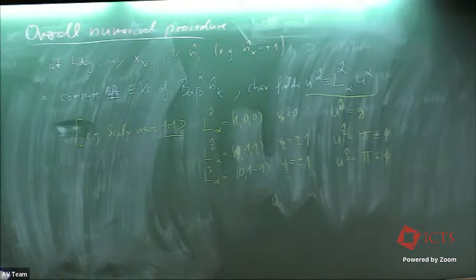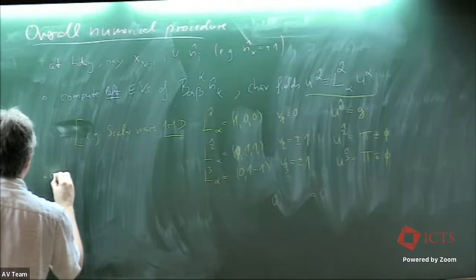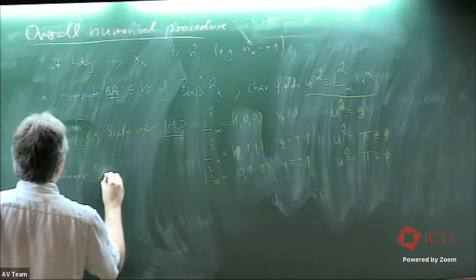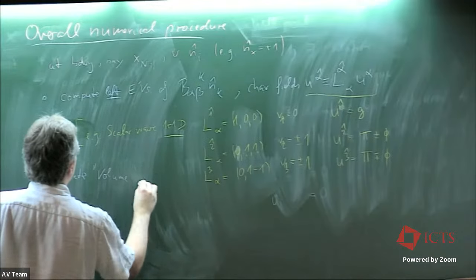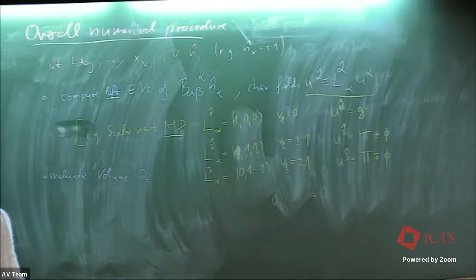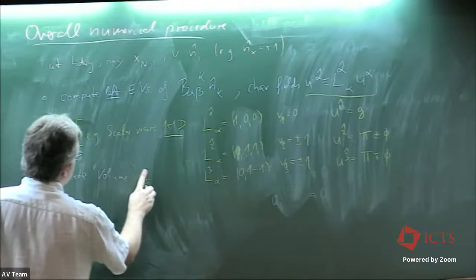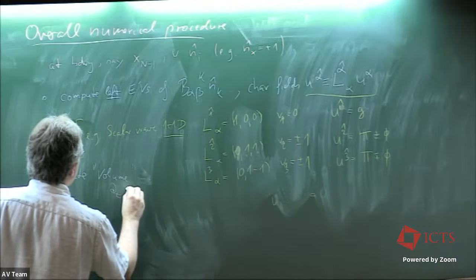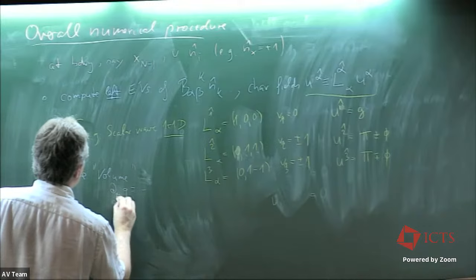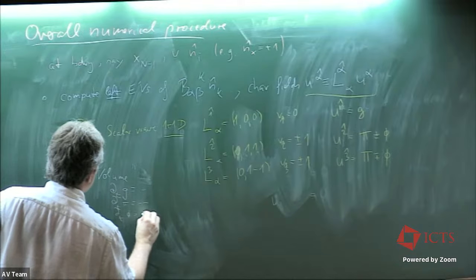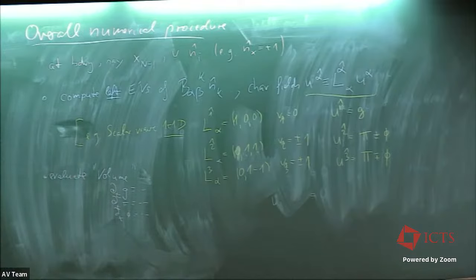The next step is to evaluate the usual volume right-hand sides, volume d by dt. So we get the usual d by dt g equals d by dt pi equals d by dt phi equals, by evaluating the scalar wave equations.